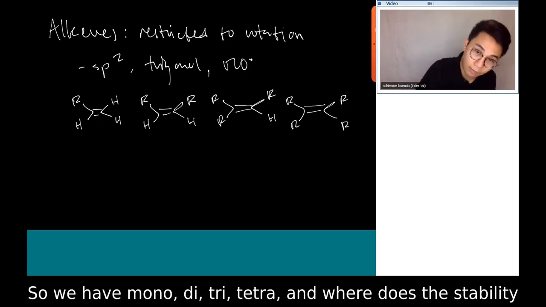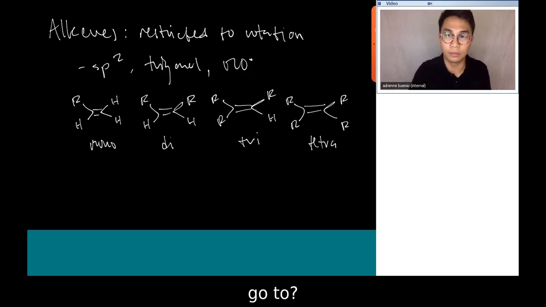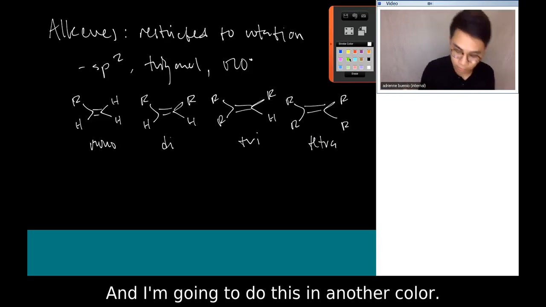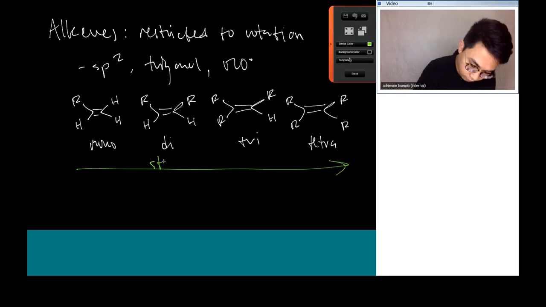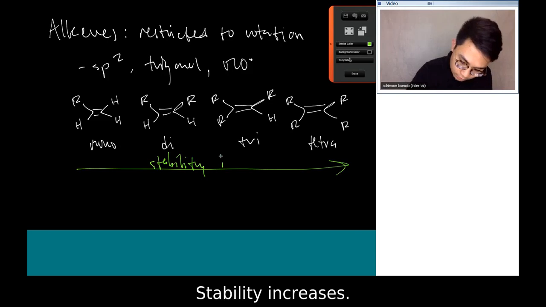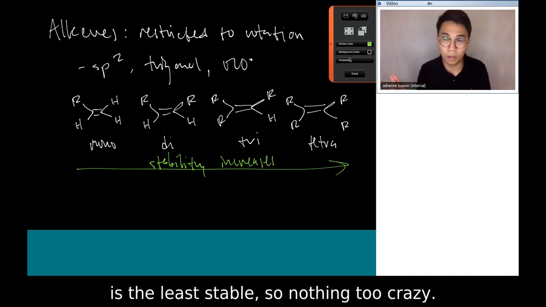So we have mono, di, tri, tetra, right? And where does the stability go to? I'm going to do this in another color. Stability increases this way, right? So we know tetra is the most stable, mono is the least stable. So nothing too crazy.